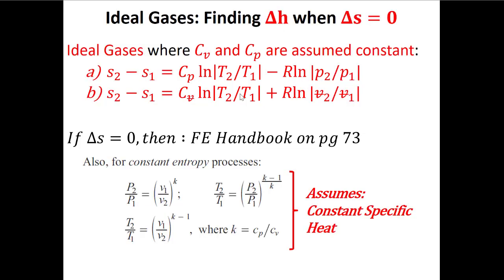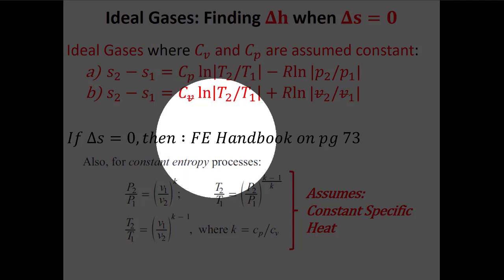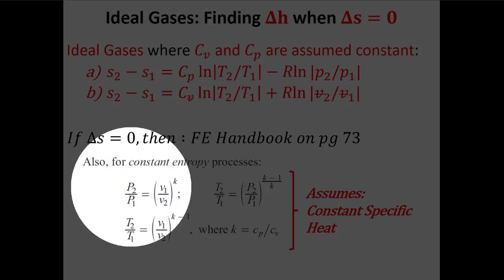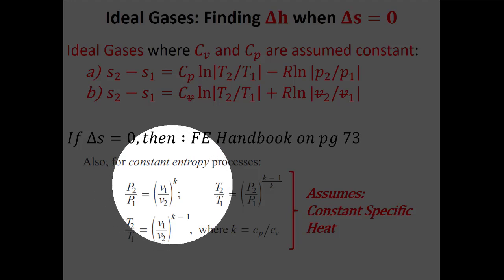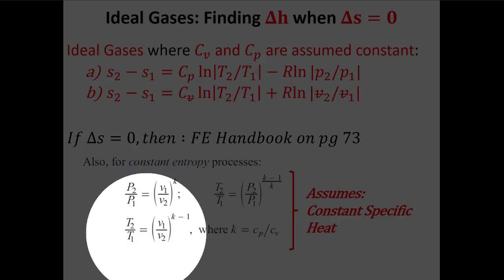If you rearrange these equations and delta S is equal to 0, then you can use these equations where you have a ratio of pressures is equal to a ratio of volumes to the power of k. Remember, k is Cp divided by Cv. That's 1.4 for air.